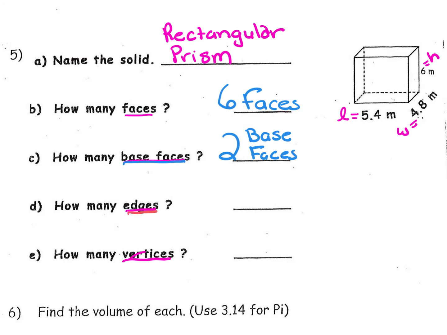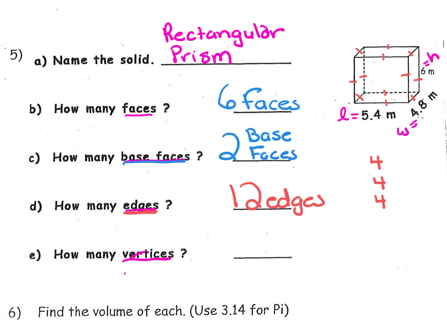When it comes to edges, we have 4 on top, 4 edges on the sides, and 4 edges on the bottom. 4 plus 4 plus 4 adds up to 12 edges.